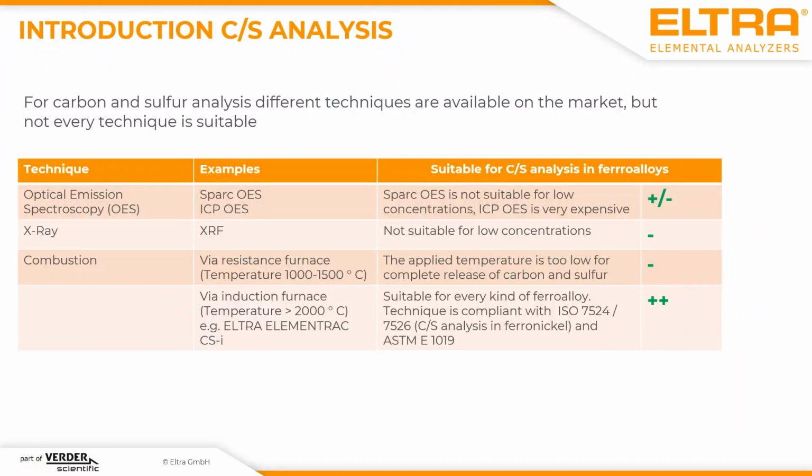Besides carbon and sulfur analysis, it's also possible to analyze these elements with other techniques. You maybe have one of these in your lab. Optical emission spectroscopy, for example, is common as spark OES or ICP OES, and these optical spectrometers can be used for carbon and sulfur analysis, but the reliability depends strongly on the sample homogeneity and on the calibration of the analyzers, and also very small concentrations of about 1 or 2 or maybe 10 ppm cannot be measured with this technique.